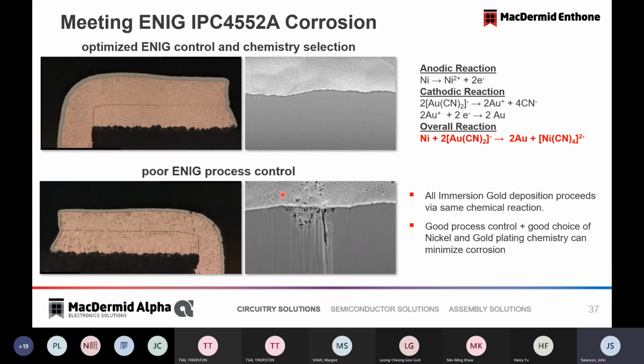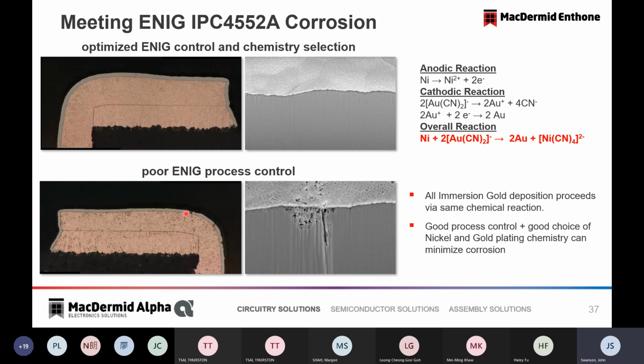So here are some pictures to show some basic forms of corrosion. Here we're showing a good example where we have the underlying copper and the nickel gold coating, and we don't see much of anything here. There's no corrosion showing, very little corrosion. This is a cross-section photograph of the gold over the nickel over the copper.